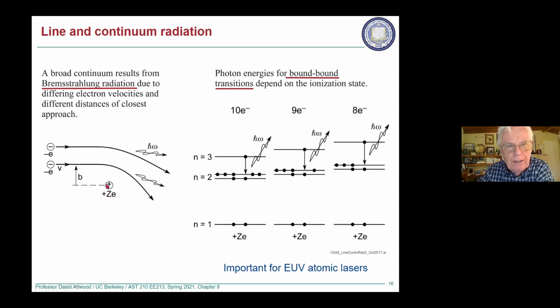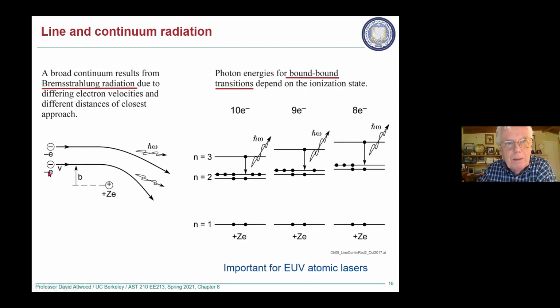For instance, maybe silicon atoms that have been ionized. Silicon's 14. Suppose it lost 4 electrons, there'd be a neon-like ion here, meaning it has 10 electrons. It's a closed shell. But anyway, it's just an example.